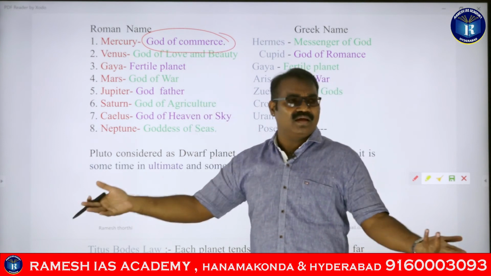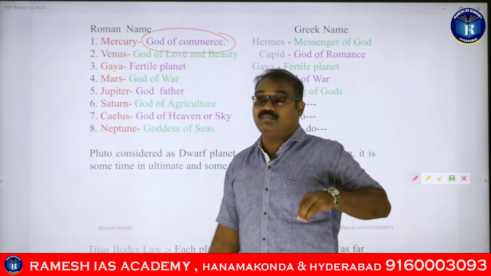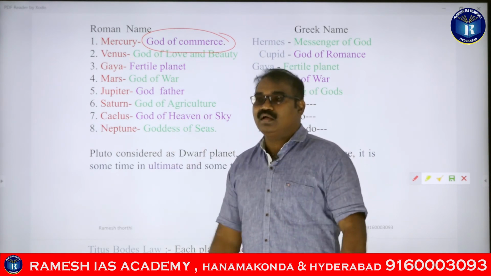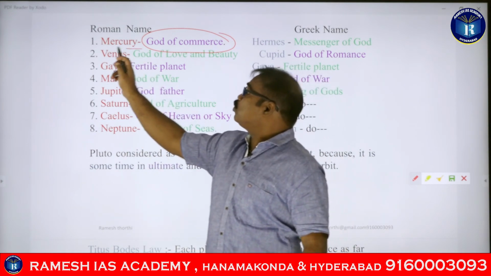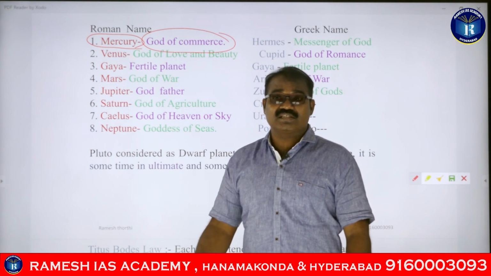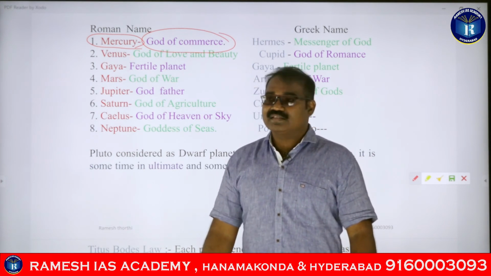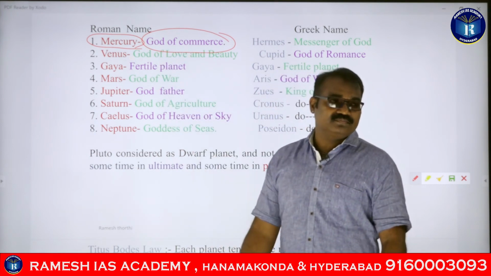Commerce is nothing but business, so the people who are into business will not be keeping quiet. They will be moving from one place to another for their survival or to do business. This planet is moving with maximum velocity, and its orbital speed is very, very high. That is the reason it has been named after the god of commerce.